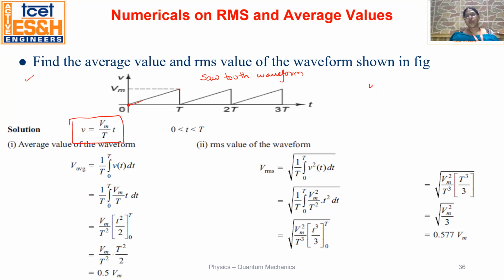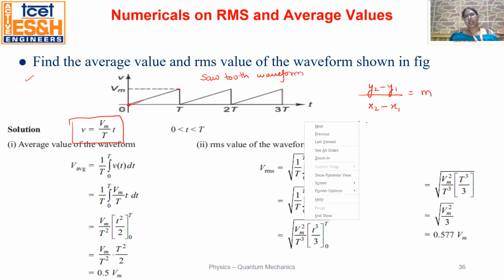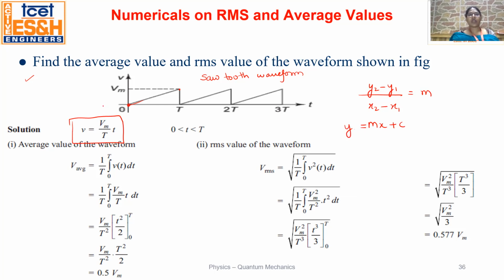So (y2 minus y1) upon (x2 minus x1) is nothing but m for the equation of a line, so y equals mx plus c. Here I will name this point x1, y1 and this point x2, y2.